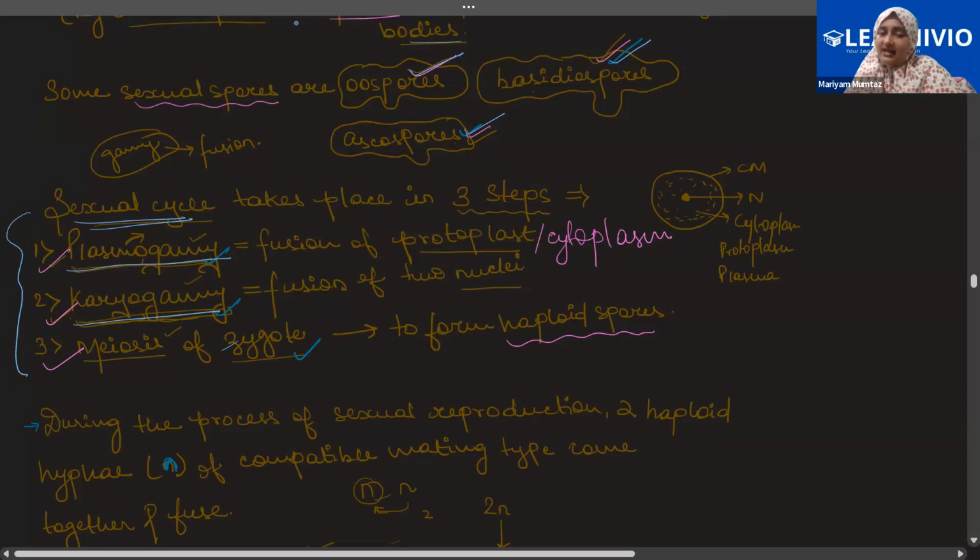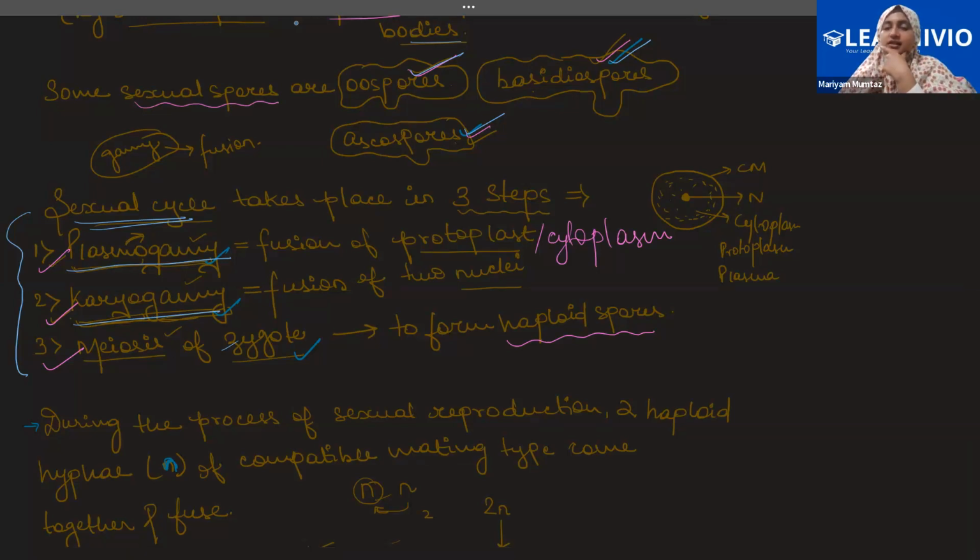These can be asked in the MCQs as well as in short answer questions, like what are the three steps that take place? So you must write it in this serial order: plasmogamy first, karyogamy second, and thirdly the meiosis of the zygote. The zygotic meiosis is also the same thing. Any doubts up until now?